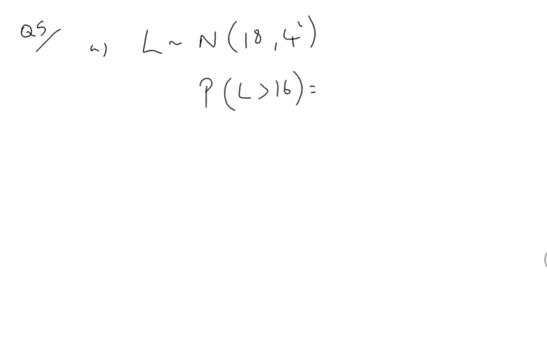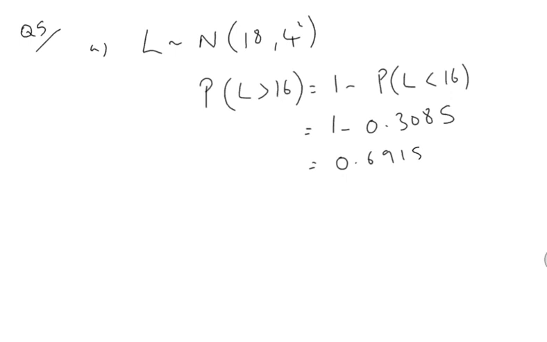Well, of course, that's 1 minus the probability that L is less than 16. You can go straight to your calculator. This is 1 minus 0.3085, and that comes to 0.6915. Okay, just one mark for that.